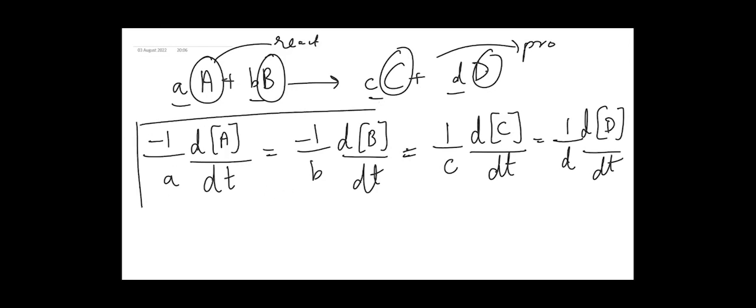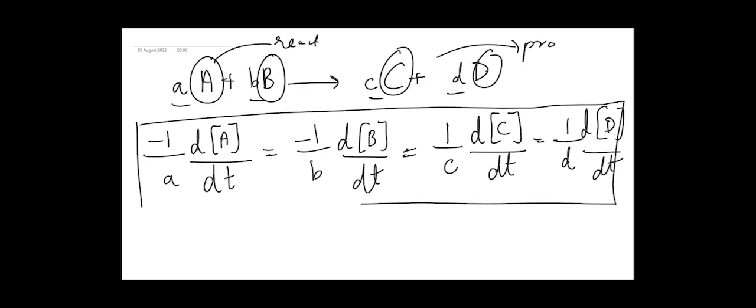Now in this equation, what we are basically doing is calculating the rate of a particular entity which reacts in a reaction per the stoichiometric coefficient, or per mole. So it is just a basic mix of the stoichiometry and the rate equation, nothing else.